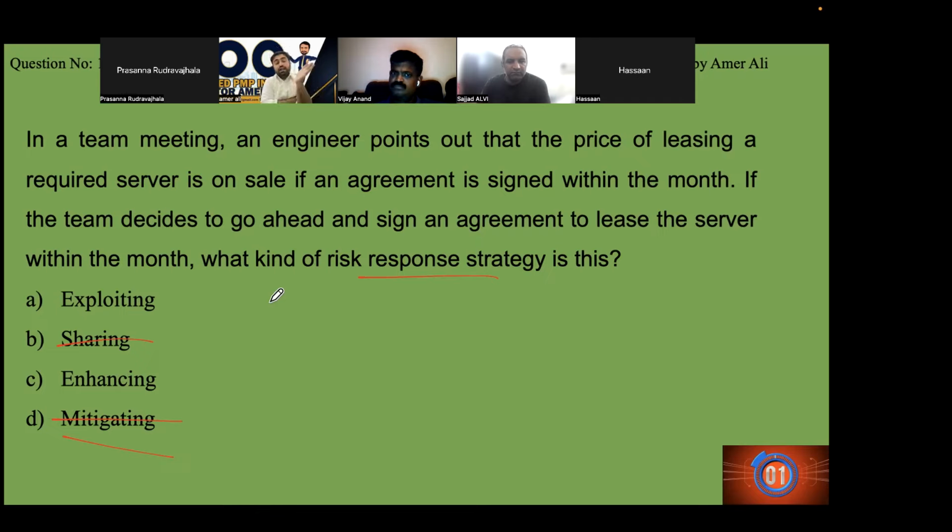Both probability and impact should be in the exploiting. If you are doing a normal thing, that is enhancing, that has nothing to do with exploiting. Exploit is that you do something extraordinary to get that thing done. For example, for negative, avoiding is the opposite of exploiting, that you don't do the work at all. So enhancing is the right answer.